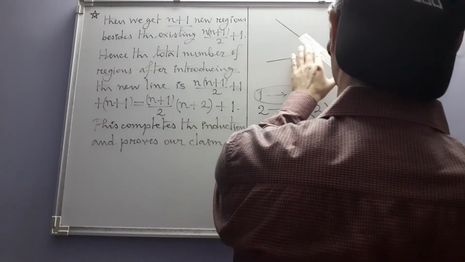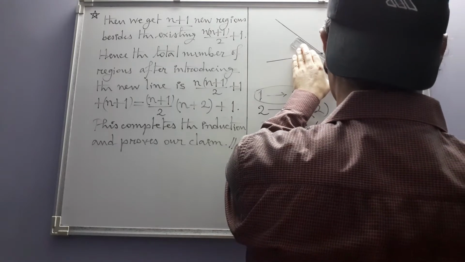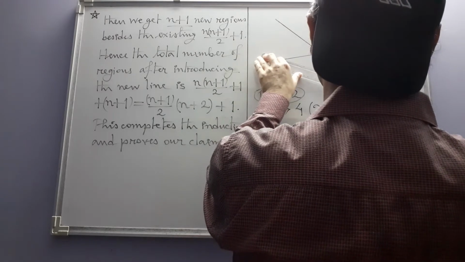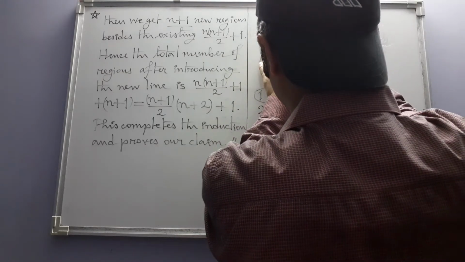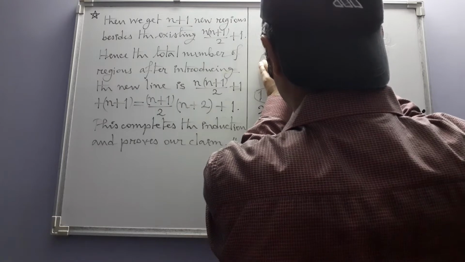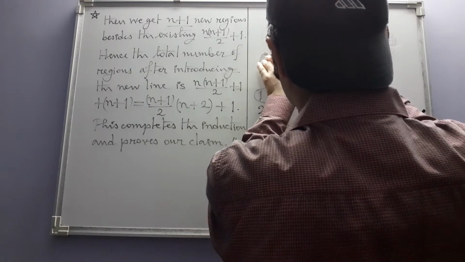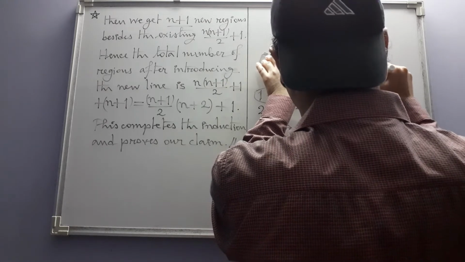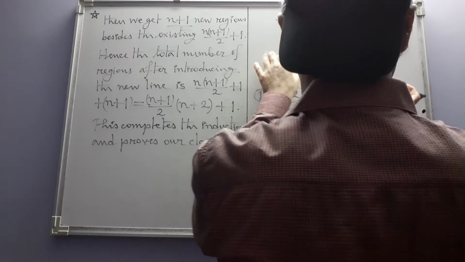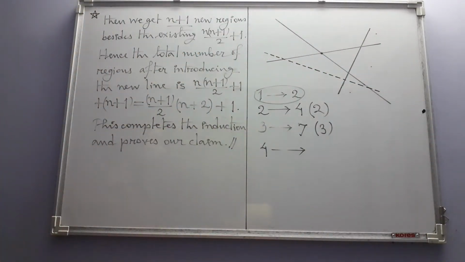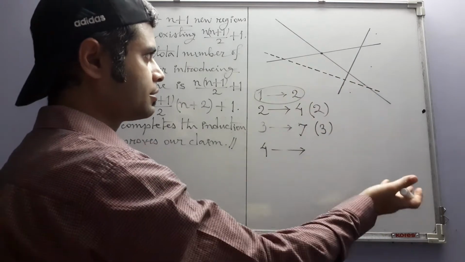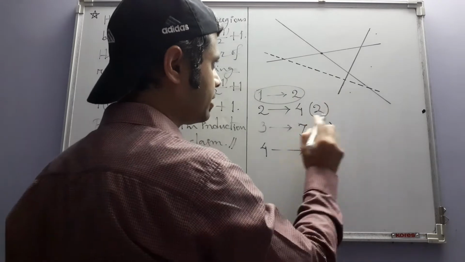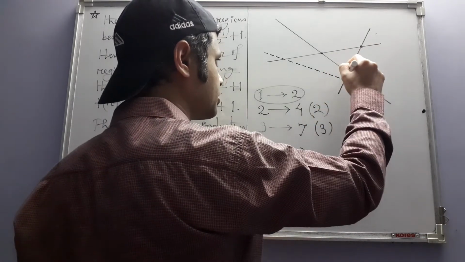Let us extend these things a little bit so that what we are getting will become clear. So this is our new line now. Okay. This new line clearly you can see is not parallel to any of these 4 lines, and also this new line has avoided these points of intersection.